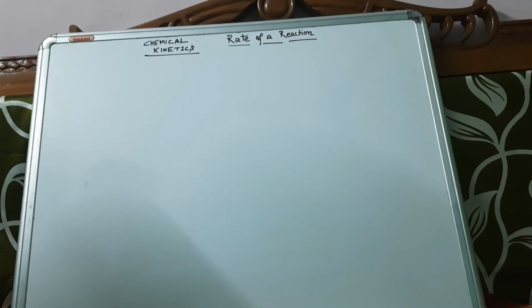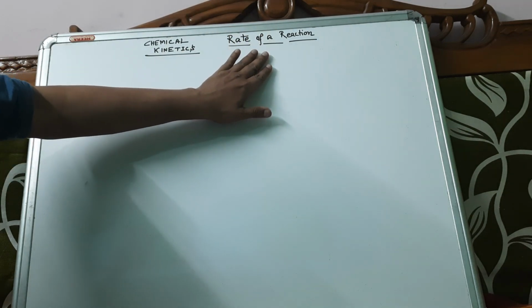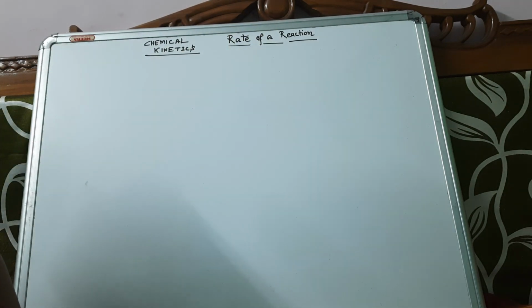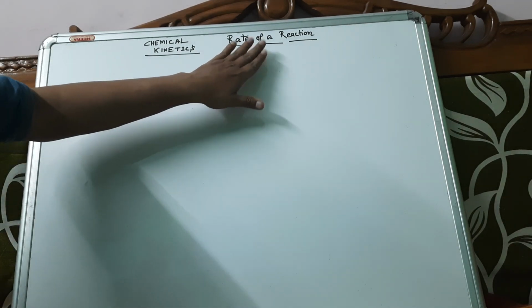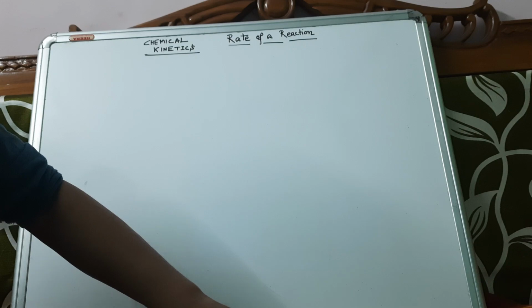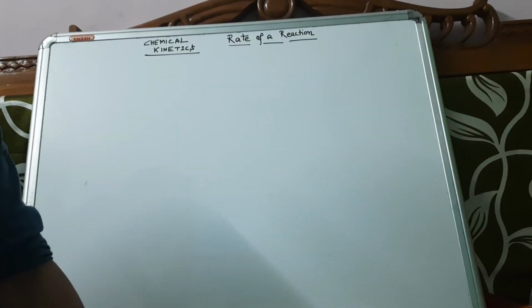Under chemical kinetics, one subheading is rate of a reaction. So today we will look through the rate of a reaction more elaborately.